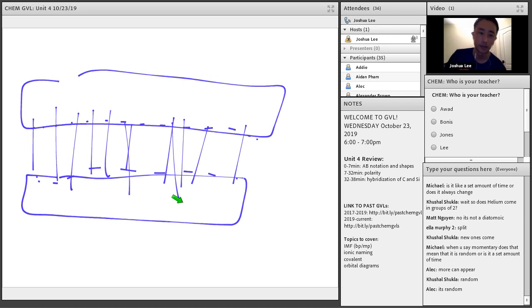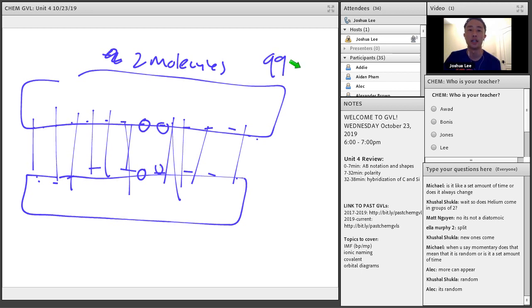Because if we said, oh, only 2 of the molecules, they didn't have London dispersion force. Let's say these 2 pairs didn't form London dispersion forces, but all 999,998 other pairs, they made London dispersion forces.